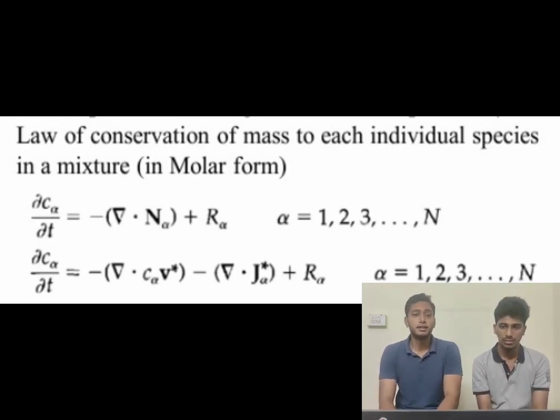Let us zoom out again. In transport phenomena, we deal with three types of transport: momentum transport, involving fluid motion; heat transport, which involves temperature gradients; and mass transport, which involves the movement of species in a mixture. Each of them has the same structure: accumulation is equal to in minus out plus generation.